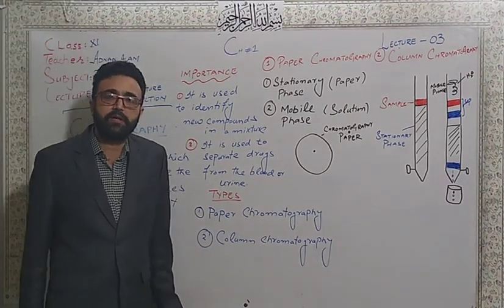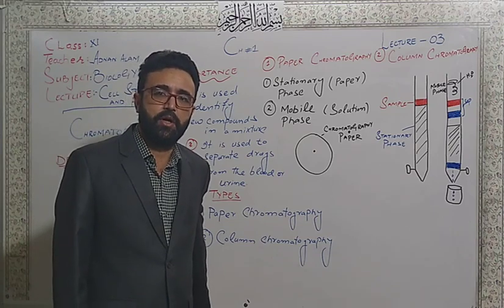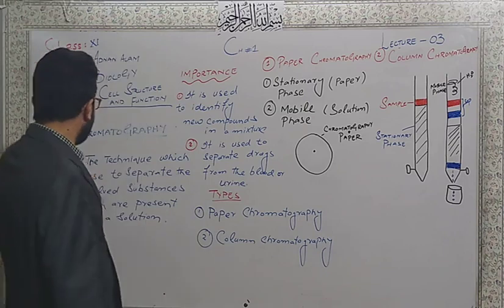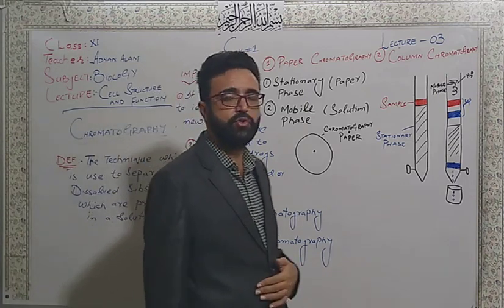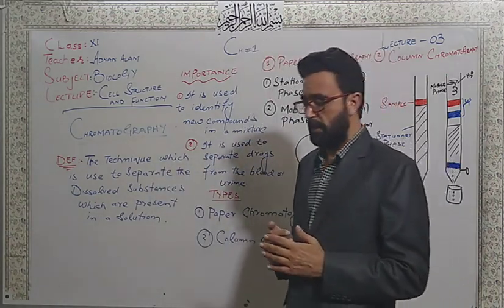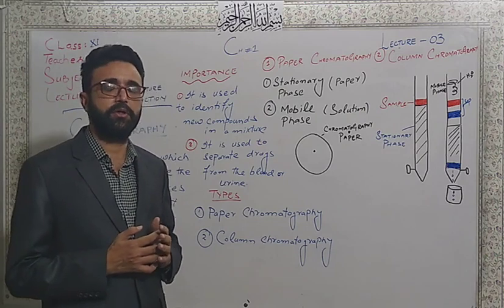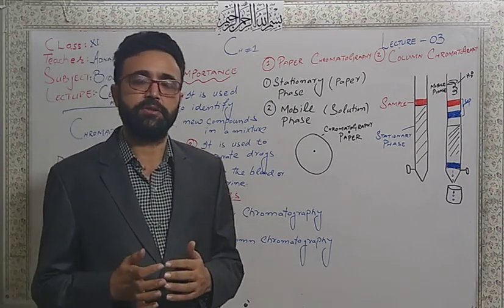Okay, dear students, let's discuss another technique which is used in cellular biology. This is chromatography. Chromatography is a technique which is used to separate different chemical compounds into different fractions.